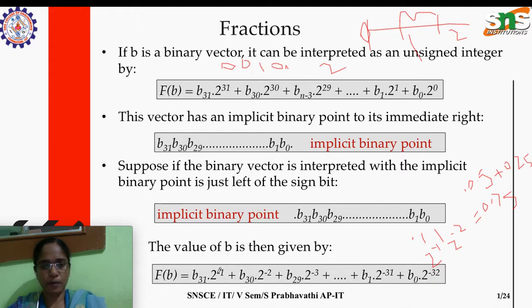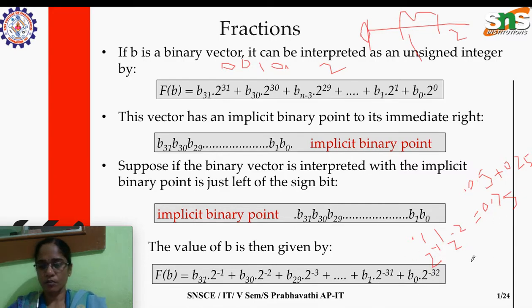B31 into 2 power minus 1 plus B30 into 2 power minus 2, likewise it goes on up to minus 32, because here we are not starting from 0. After the decimal point we are starting from minus 1. So minus 1, minus 2, minus 3 up to minus 32 if the register size is 32 bit.